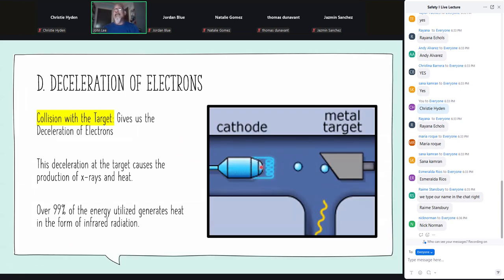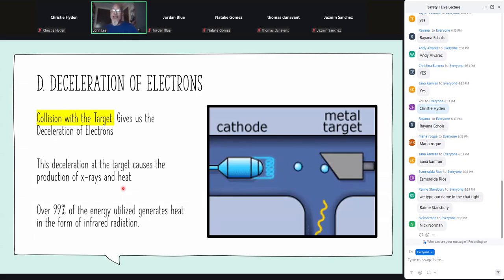And once they get across to our target, they'll undergo that transformation. The kinetic energy will be changed into electromagnetic energy. Now, the X-rays and heat, the heat is going to be of an electromagnetic nature as well.